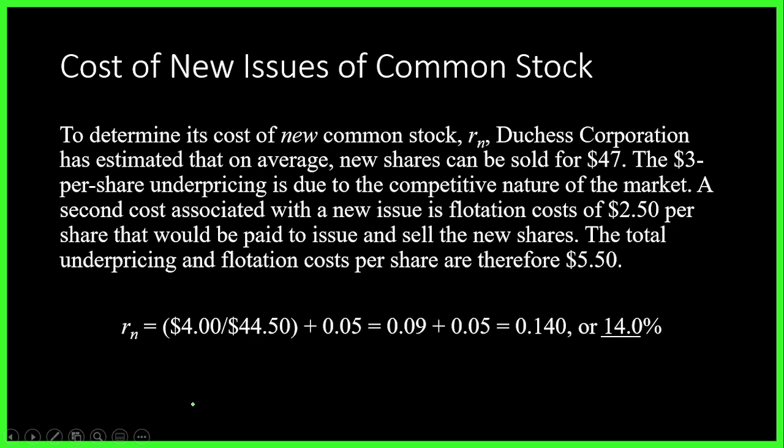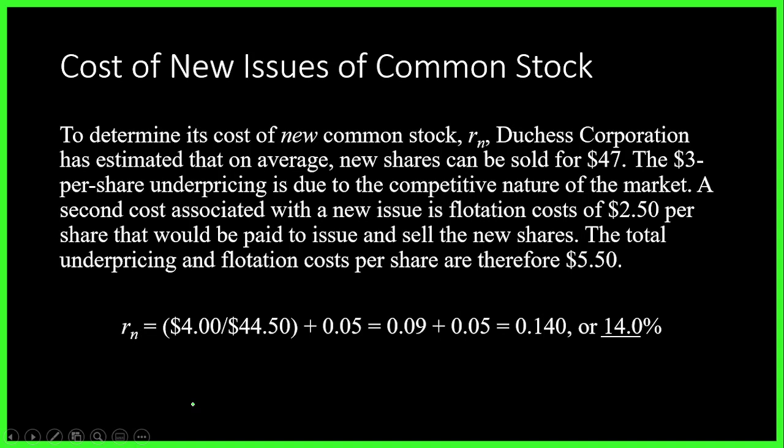Na-discuss na pala. Okay, so we have the following example. What is this 4? Divided by 44.5 plus 0.05. Sabi dito you have a flotation cost of 5.5, so you now have to adjust. The total underpricing and flotation cost per share is therefore 5.5. So this will now be your adjustment to get your net proceeds.